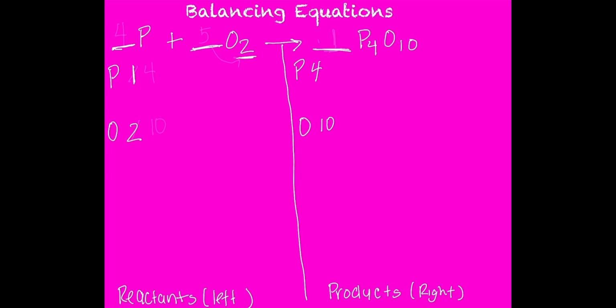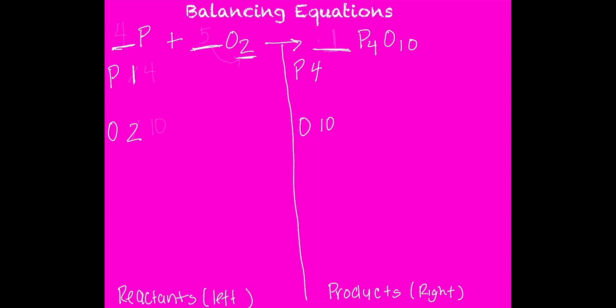First things first, we read our equation from left to right. So we're going to start from the left with the element P. I noticed that on my reactant side, I only have 1 phosphorus, but I have 4 on my product side. Now I want my elements to match. So I have to find a coefficient that I can use as a multiple to distribute to my subscript for P, which is 1.